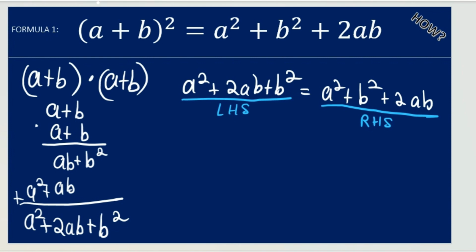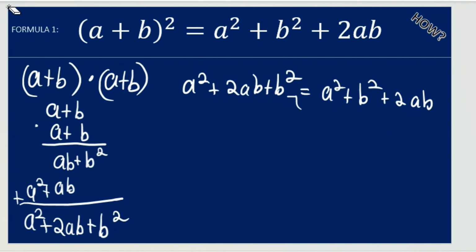Okay, now you have to make it equal, like exactly equal. So, like, the terms are exactly equal. So, to make it exactly equal, basically, this 2ab has to be at the end to match.